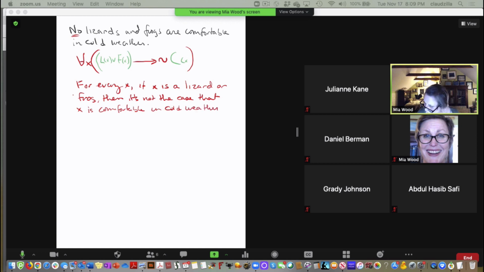Right, so the for every X, you could say for all X, for any X. It's a little bit more awkward, but you could say for all things X. That verbiage is a version of the all SRP.